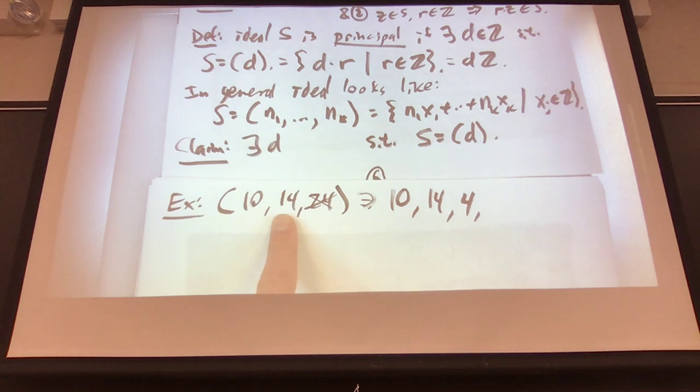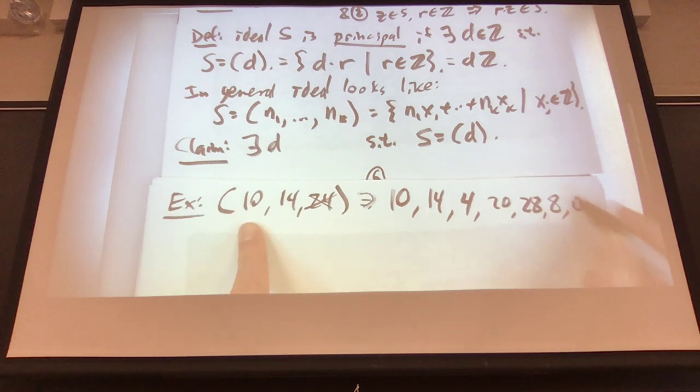What else can we get? 20 and 28. That represents 4. And their difference will be 8. We can also get 0. Take the combination of none of them. Is it just evens? Will we get 2?